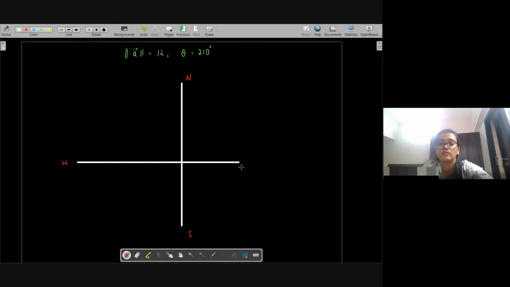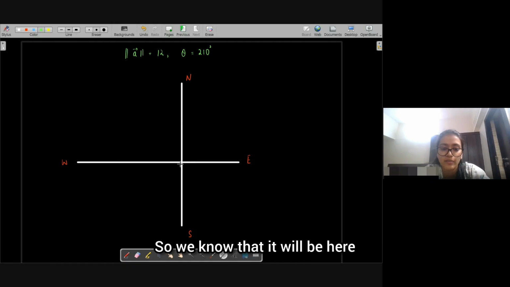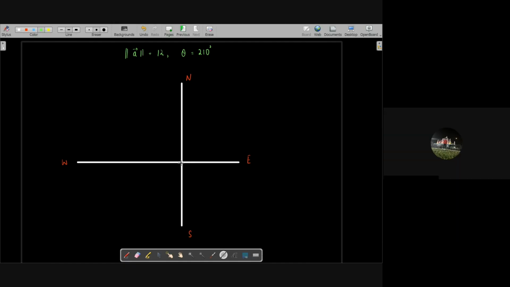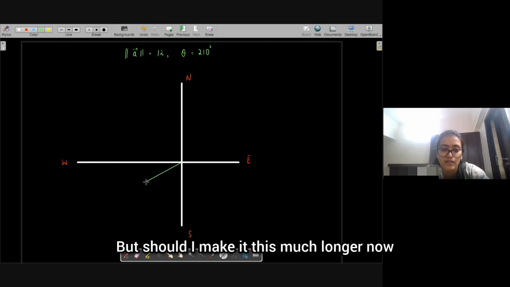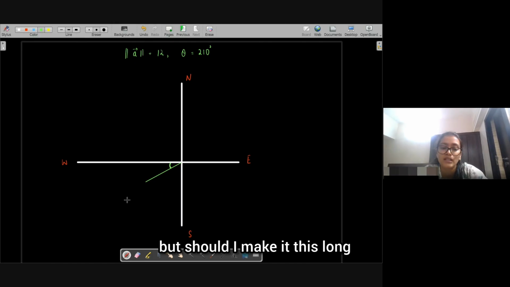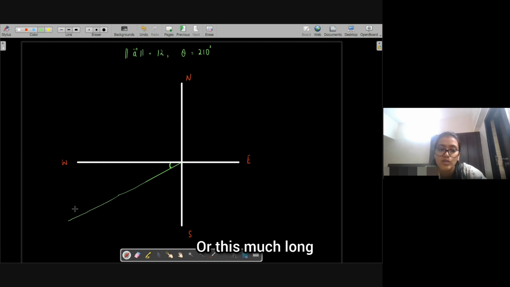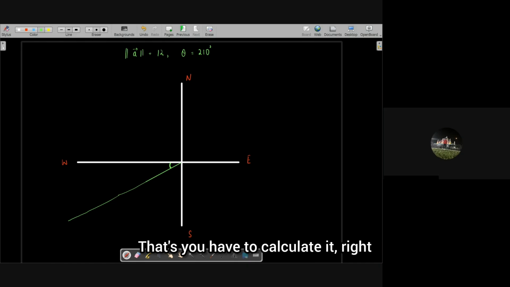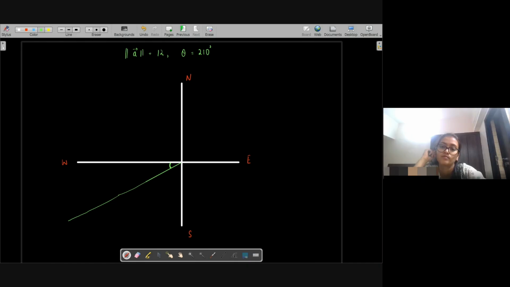Now we know that it will be here, but should I make it this long or this long or this much long? I know this direction is going to be 30 degrees.